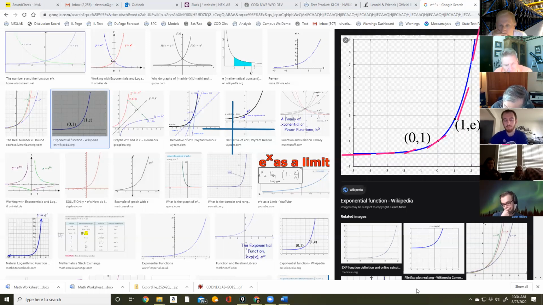Well, what function says when I take the slope at really, really small x values, it's close to 0, it's 1 when it's at 0, and it gets really, really big? And the answer is, well, the same function. The derivative of e to the x is e to the x.